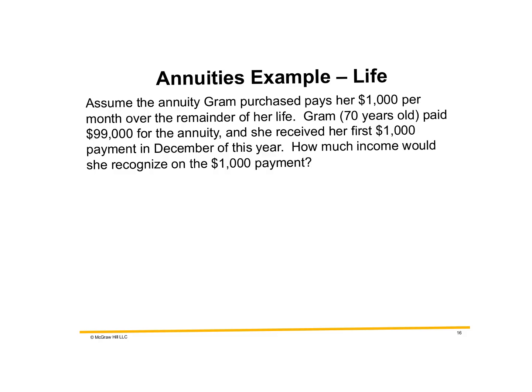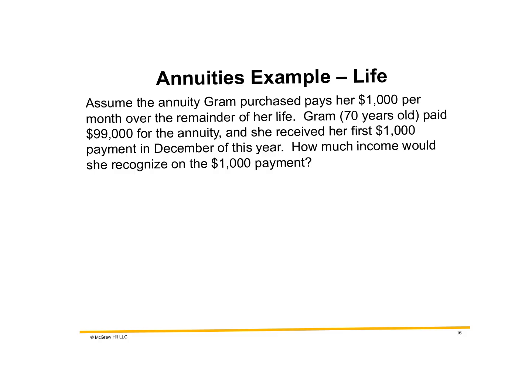So our next example is an annuity over a life. So assume the annuity Graham purchased pays her $1,000 per month over the remainder of her life. Graham, 70 years old, paid $99,000 for the annuity, and she received her first $1,000 payment in December of this year.